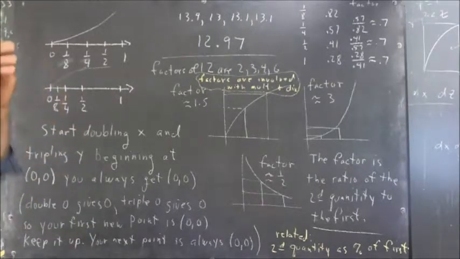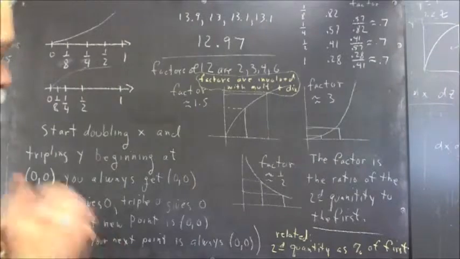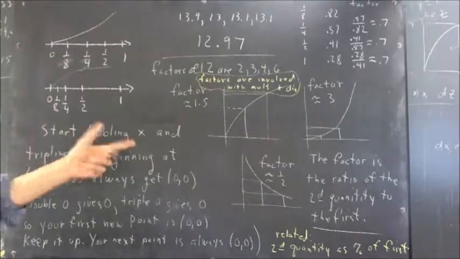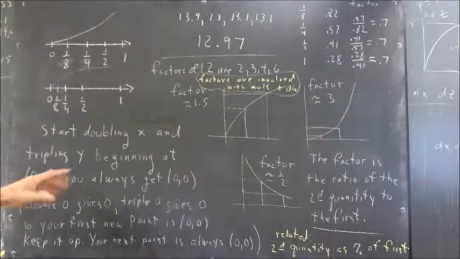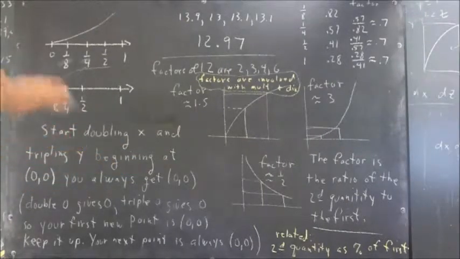Another thing came up on homework. We had the question of whether it would make sense to add the point 0, 0 to a certain graph. The comment was, if you start doubling x and tripling y, beginning at 0, 0, you would get a horizontal line because tripling y, well, y would never increase.